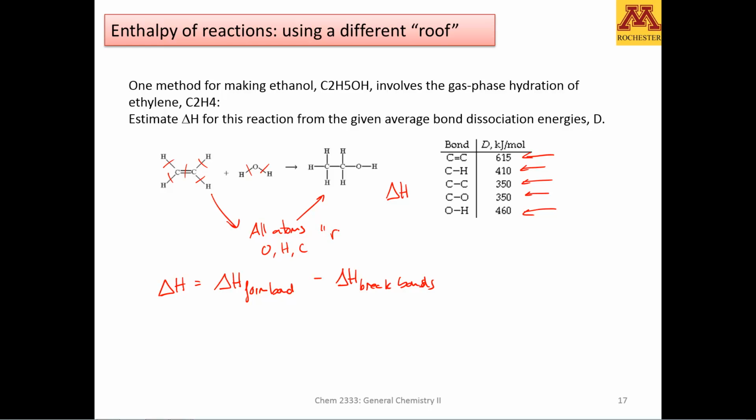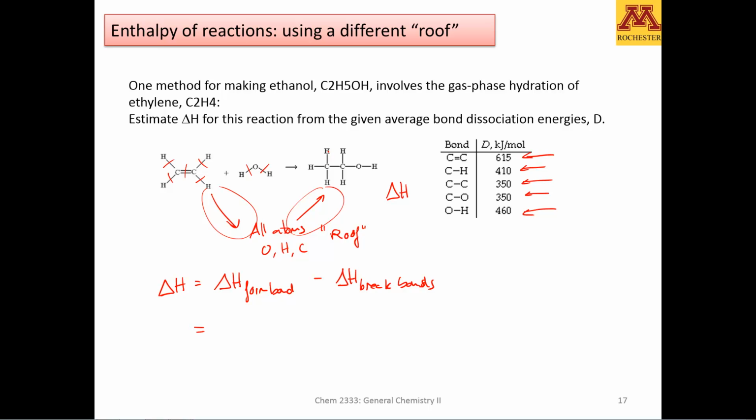This is our new roof. This is not the standard state that chemists have agreed upon, but it's a new roof, and we have all the necessary information to do that. So again, the change in energy will be this minus this. So let's see if we can do that.